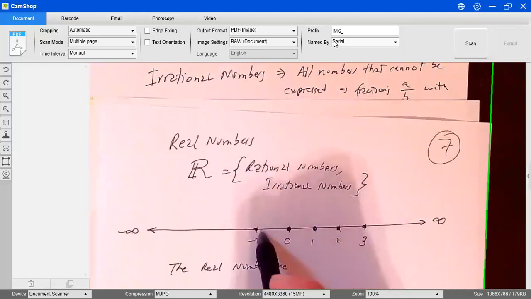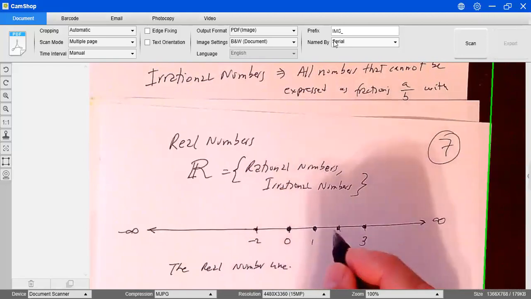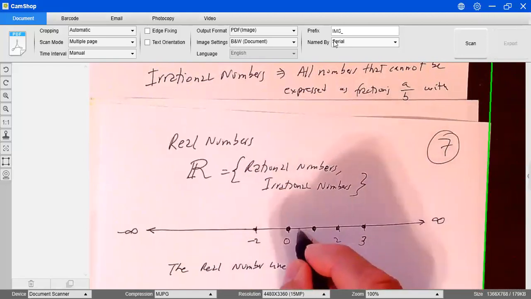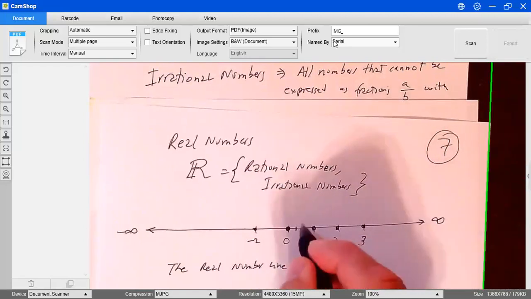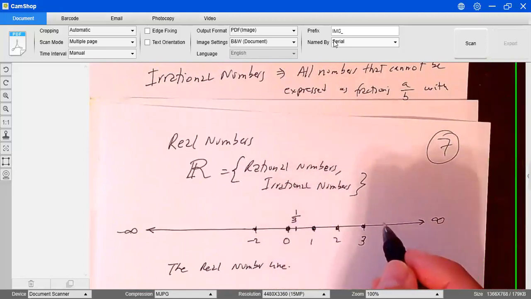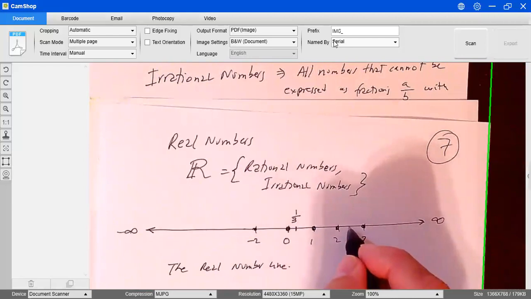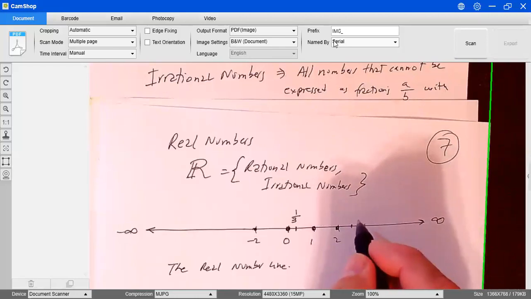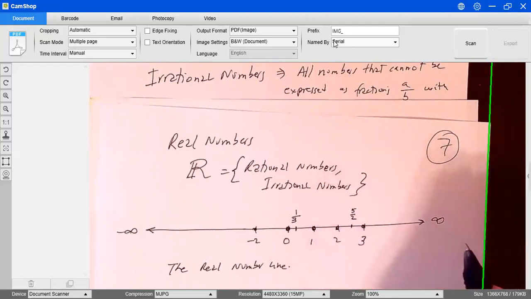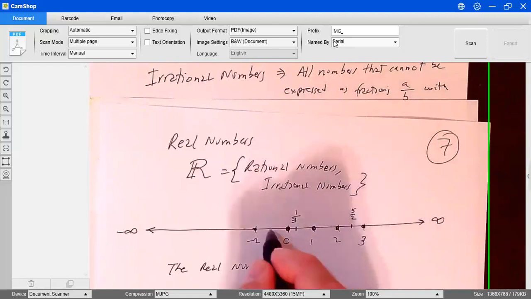So they're going to be rational numbers. So for example, you can have here, this number is going to be 1 over 3. Or maybe you can have here, this number is going to be, let's see, 5 over 2, and so on.